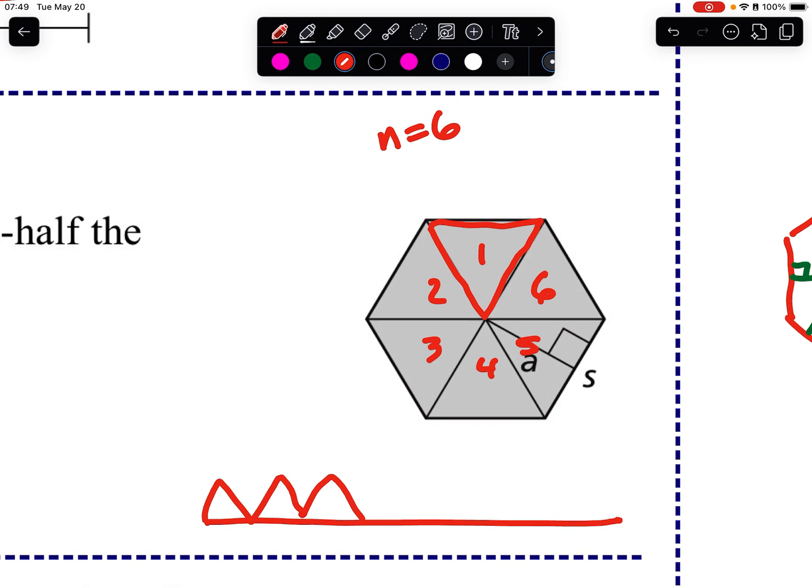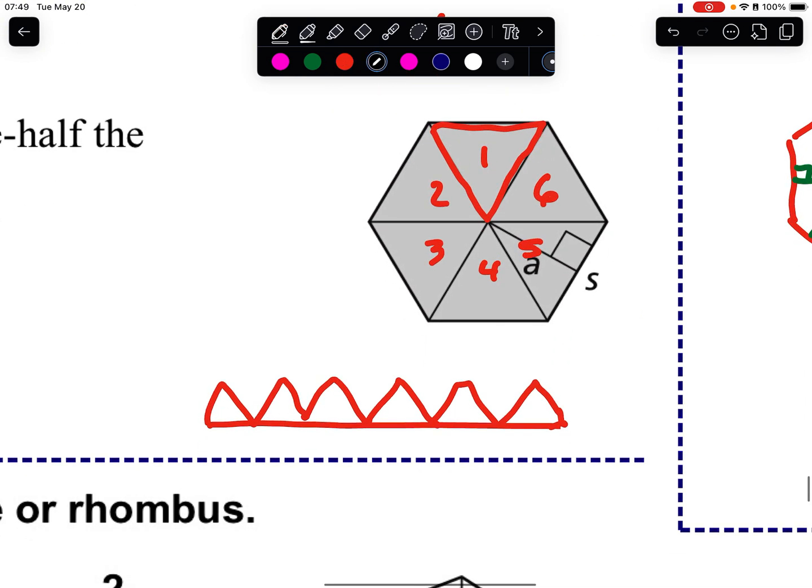We can line those up down here at the bottom. I'm drawing them a little bit smaller so they fit. What you should notice about these 6 triangles is that I can fit them in a rectangle.